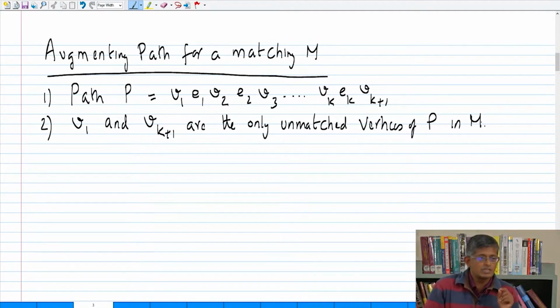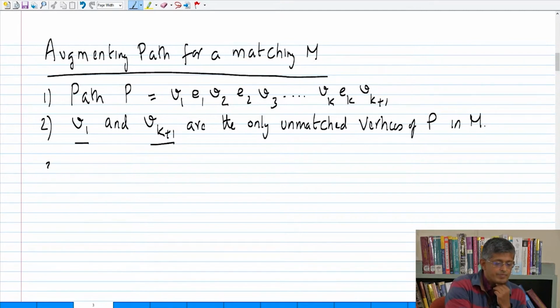So, if you look at the vertices of this path P and you ask which are the vertices which are not matched in the matching M, there are only two of them and they are V1 and Vk plus 1. Every other vertex is matched. Third, all the other vertices are matched.